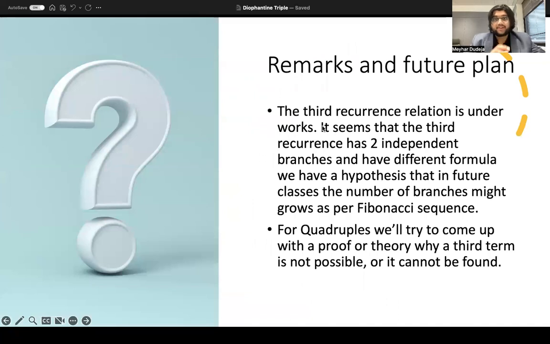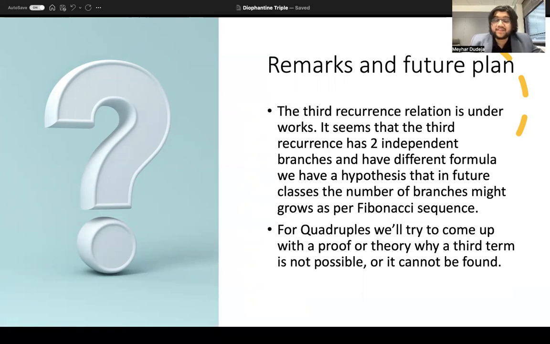So the future goal is that right now the third recurrence series is in the works. It seems that it has 2 independent branches. As you saw, in class 1 you had just one branch. In class 2, you had just one branch, with well-defined formulas. In class 3, however, there seem to be 2 independent branches which never intersect. They have different formulas.